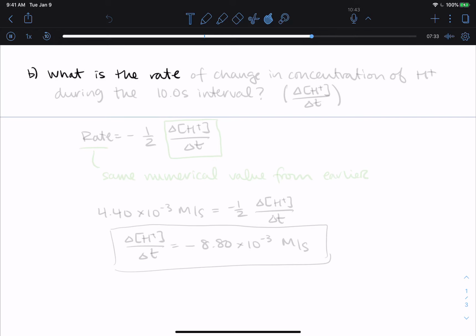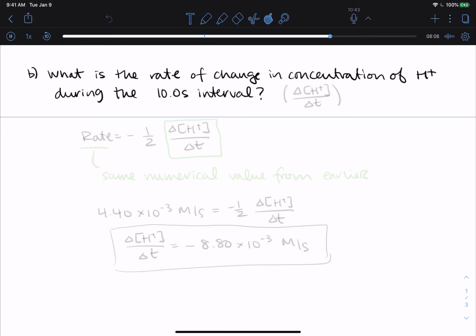So the second part says, what is the rate of change in concentration of H plus during the 10-second interval? So it's not asking just about the rate of the reaction because we already calculated that.